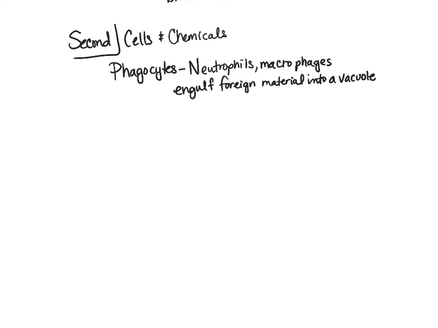And then that vacuole is going to be combined with a lysosome, which is our vesicle filled with enzymes. And so this vesicle filled with enzymes is going to be used to break down whatever foreign material it is. So we could be talking about a bacteria, we could be talking about some sort of debris that's gotten into the body.